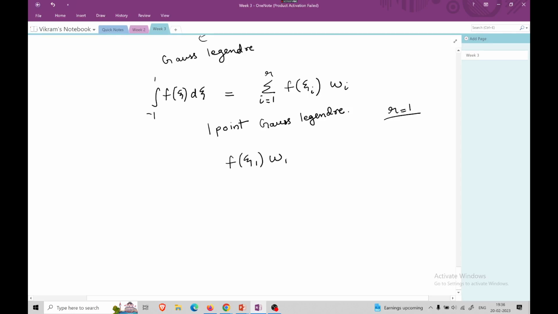So you have two unknowns. This one, eta 1 and w1, are two unknowns. So for two unknowns you need basically two terms.